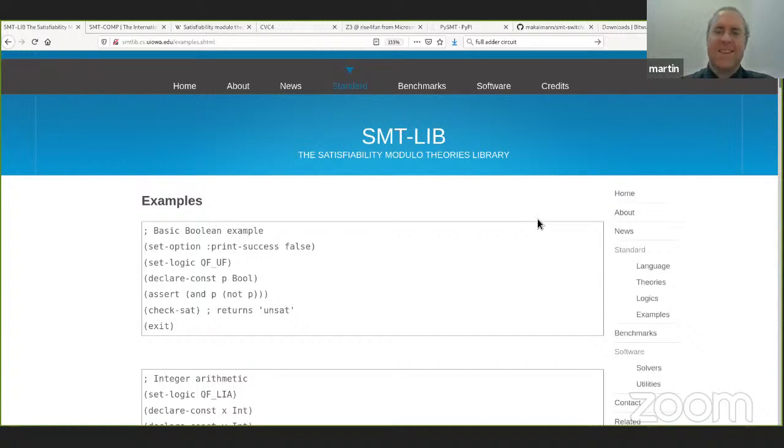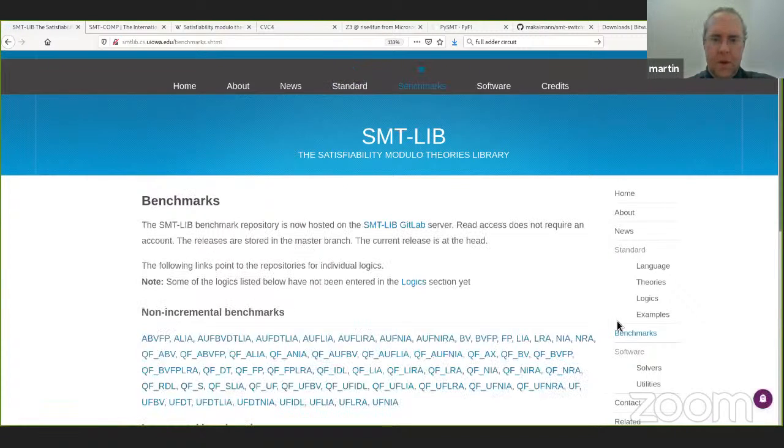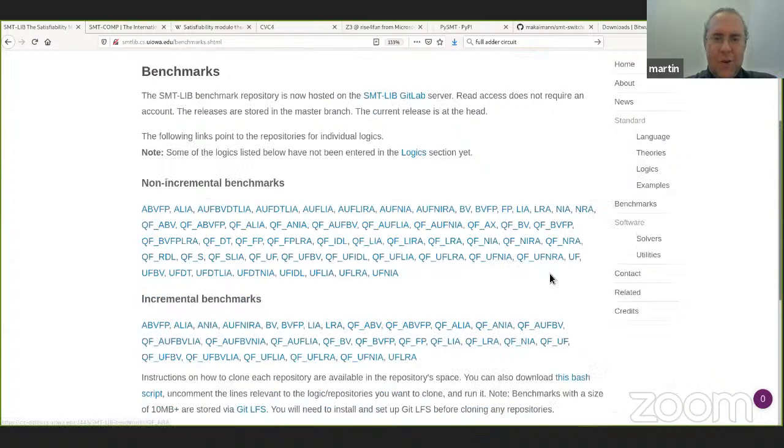Excellent. So I guess the last thing I want to show you on here is the benchmark link. This links to all of the GitLab repositories where the benchmarks are kept, and they're sorted by logic. Somebody just asked me a question about linear arithmetic, so let's find out what benchmarks we've already got for it.